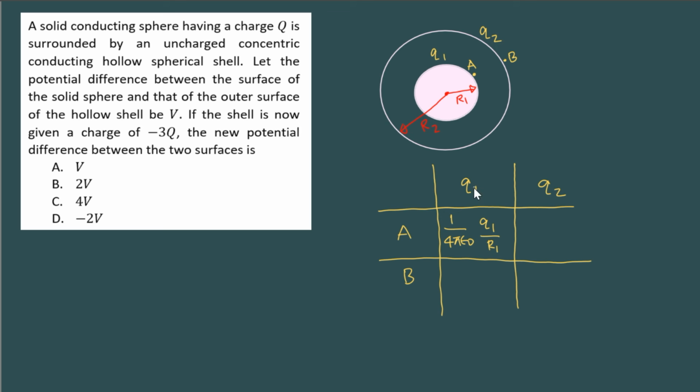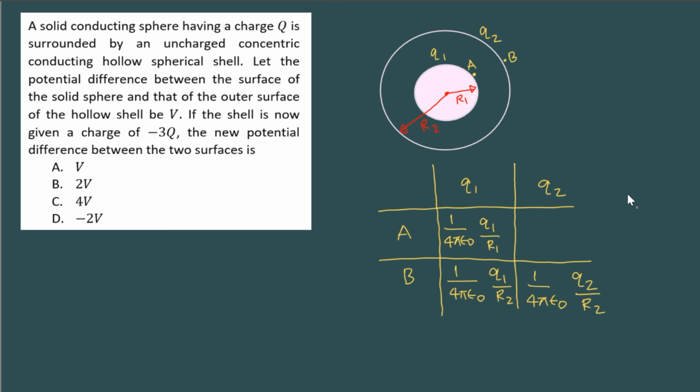So the potential due to Q1 at B is 1 by 4 pi epsilon naught Q1 by R2. Now what is the potential due to Q2 at point B? It will be 1 by 4 pi epsilon naught Q2 by R2, since it is a point outside.